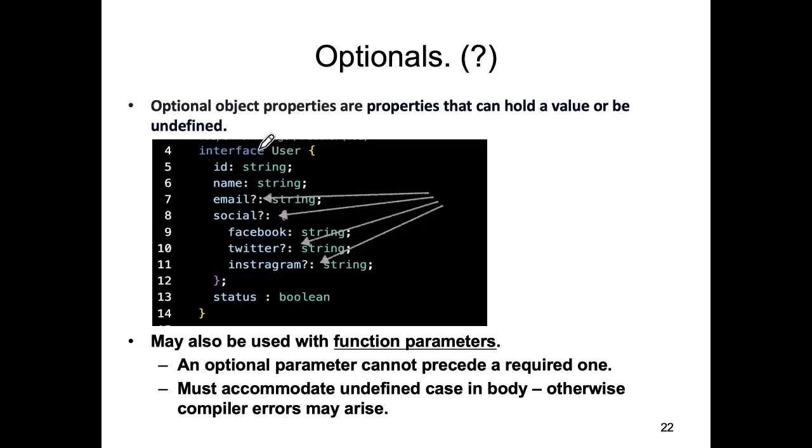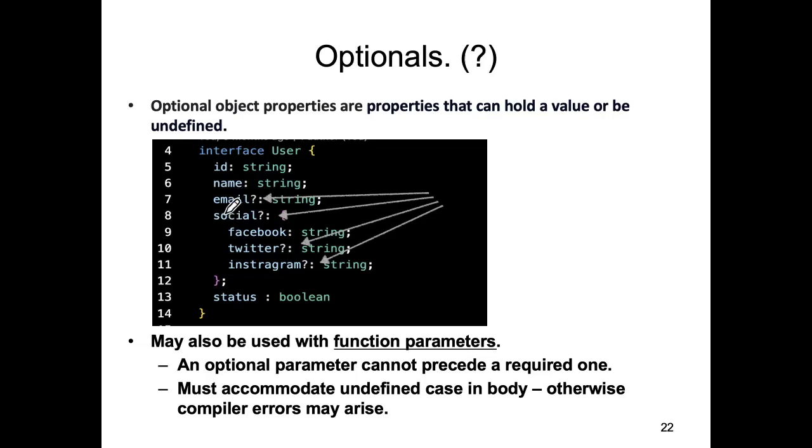So here I've got an example of a user data type. It looks like a user has an ID property, a name property, and the email property here has a question mark. The question mark tells me and tells the compiler that email is an optional property within a user instance. So you can have user objects that do not have an email property and the compiler won't complain about it.